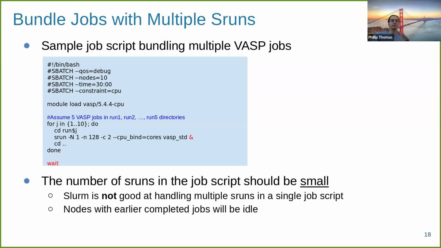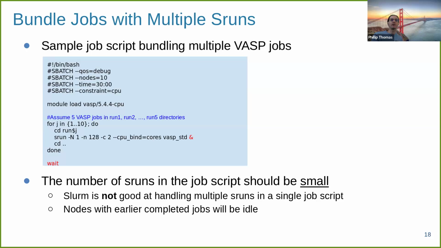And the way you do this is by running your calculations in a loop with the ampersand, which tells Slurm that after launching to keep going on to the next iterations of the loop. And then you add this wait statement at the end, which tells your job to not terminate until all of the statements that have been submitted with ampersands have completed.